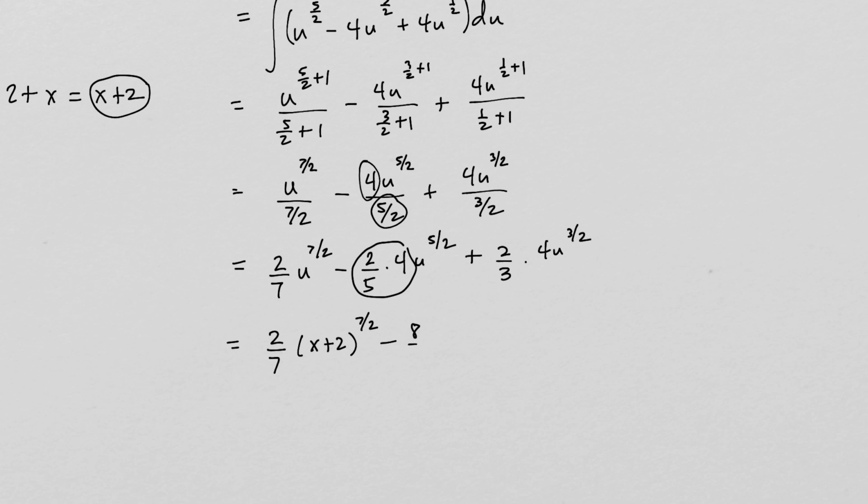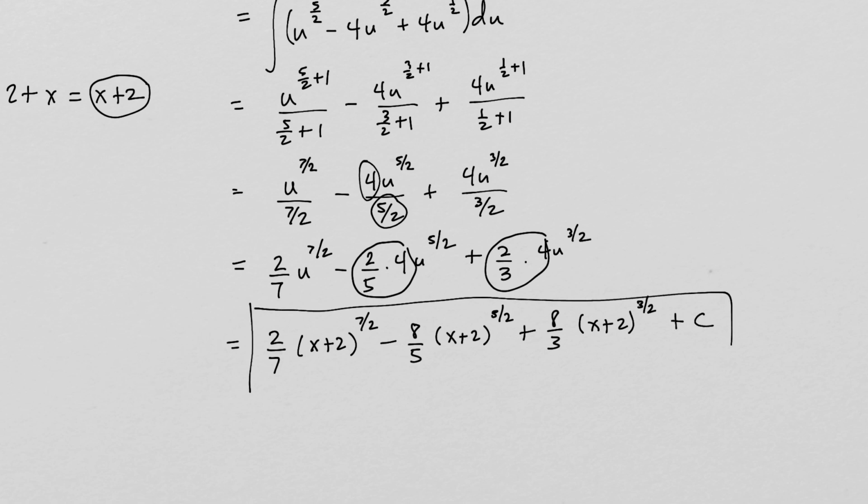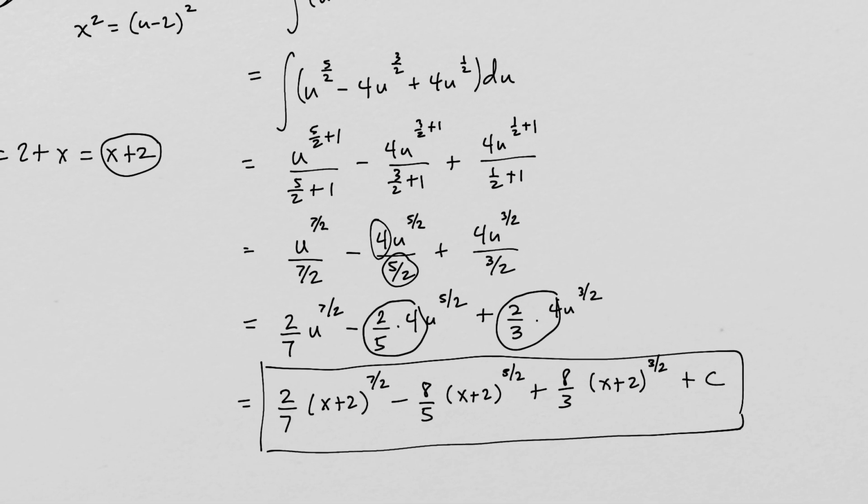We get 8 over 5 x plus 2 to the 5/2 plus 8 over 3 x plus 2 to the 3/2 plus c. So that is a pretty impressive antiderivative there.